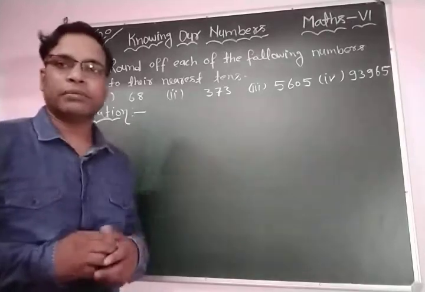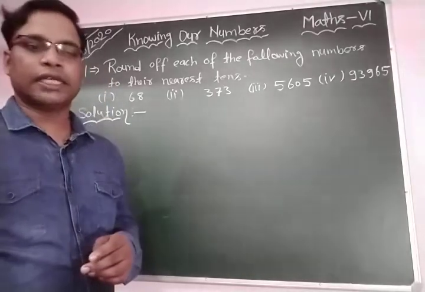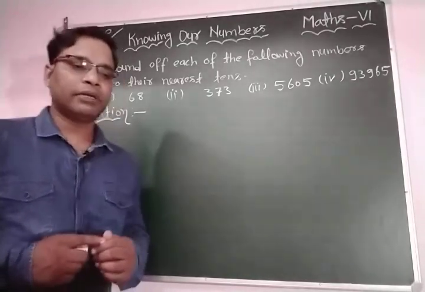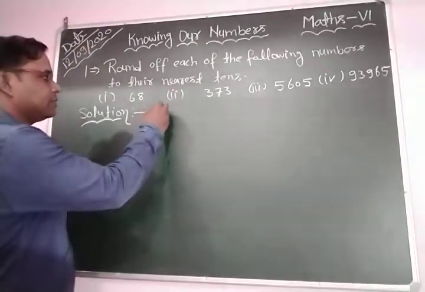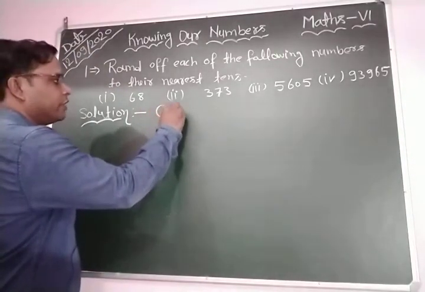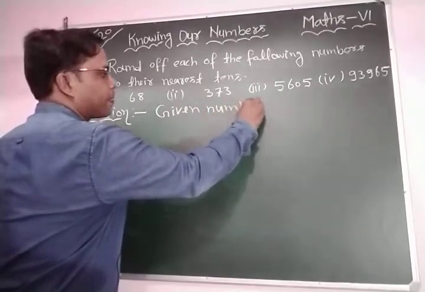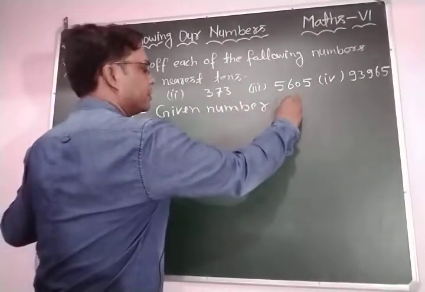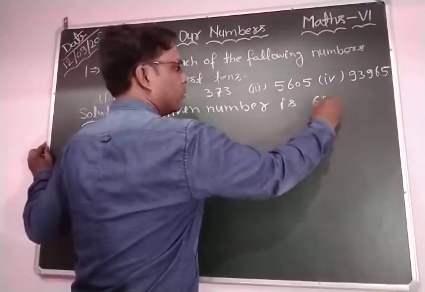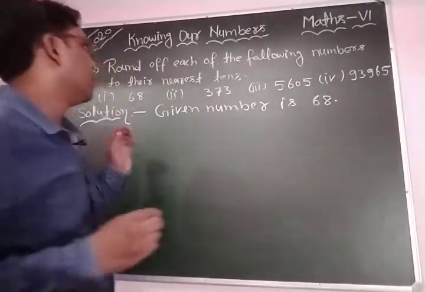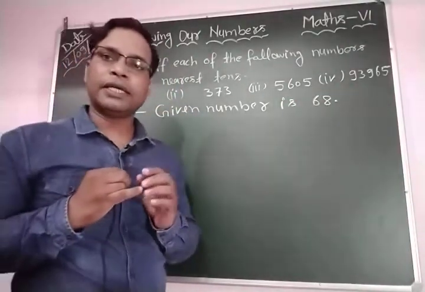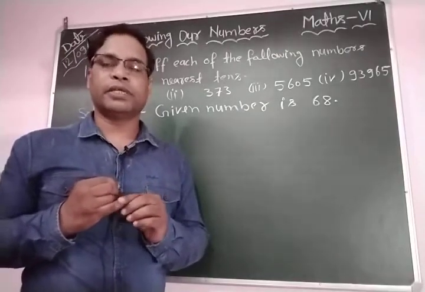The first number is 68. So we write here the given number. The given number is 68. We need to round it off at the nearest tens place.